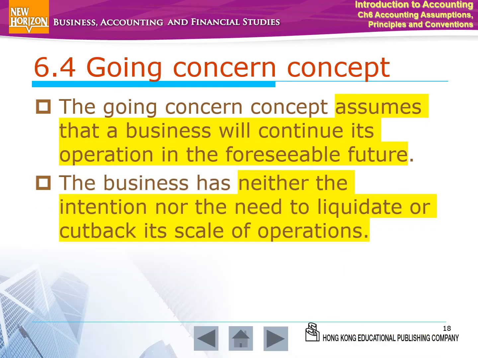That means at present, the business has neither the intention nor the need to liquidate or cut back its scale of production. If you have many branches in Hong Kong, and you have the intention to close all the branches, or cut a lot of branches around Hong Kong, then the going concern concept cannot be used.